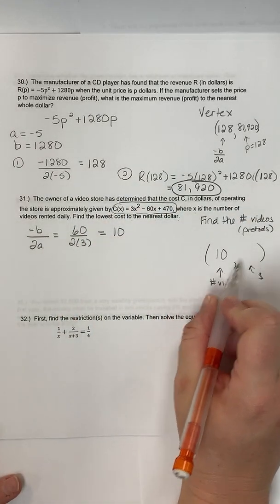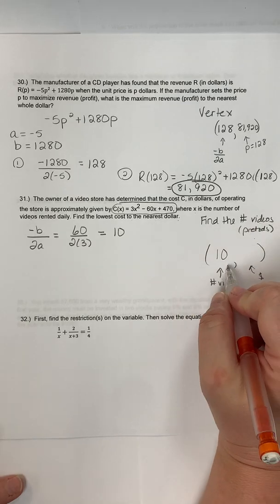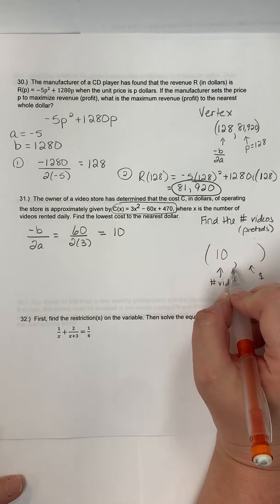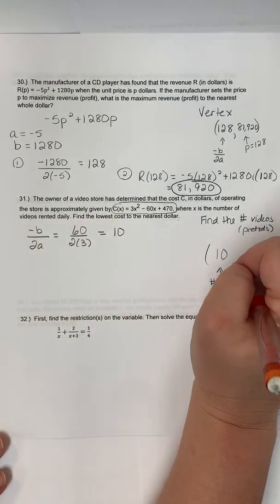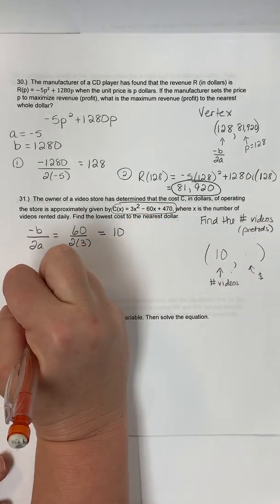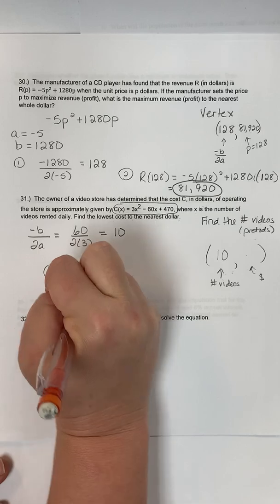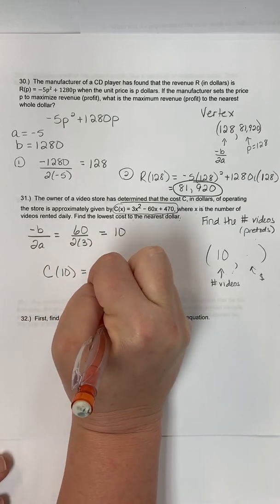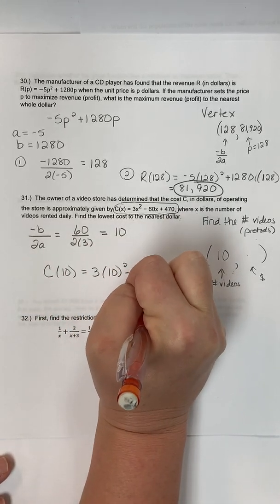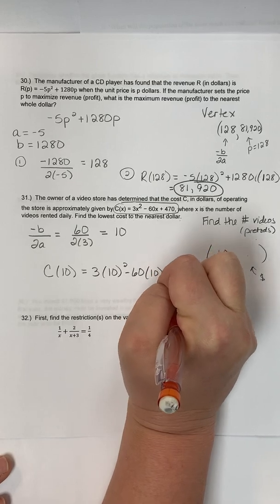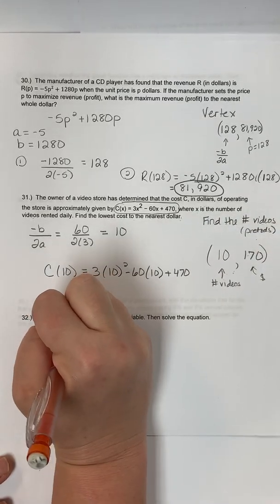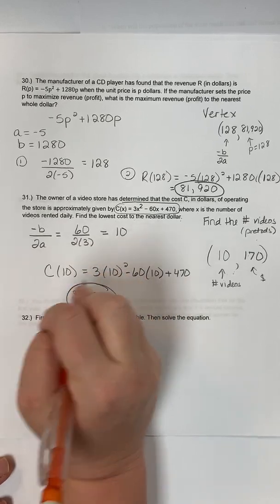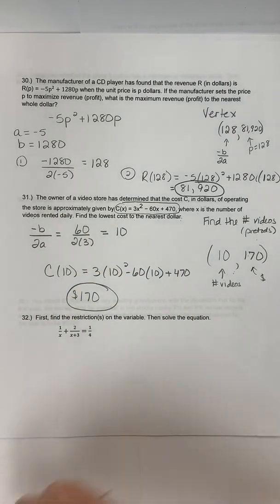So if they want the number of videos or the number of pretzels, it's this first number, the x coordinate of the vertex. If they want the cost, that's when you're going to have to put that number in and evaluate it, and you're going to end up getting the cost, which happens to be what this particular one wants in this case.